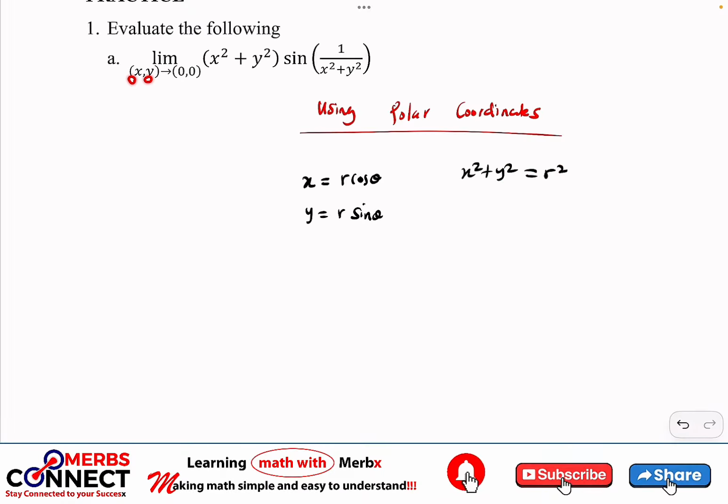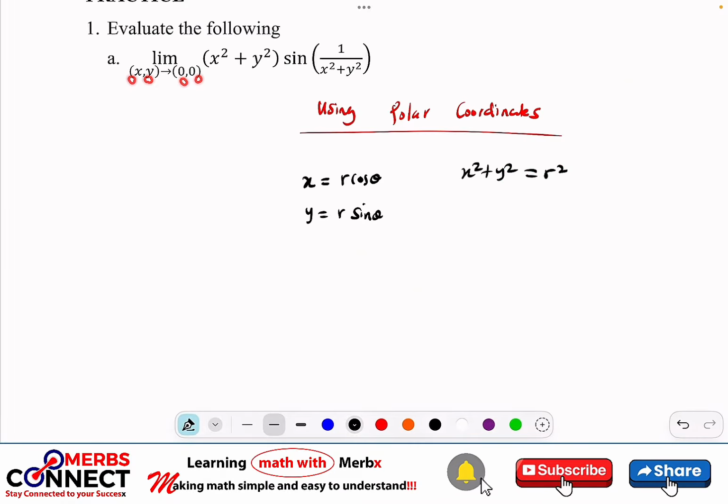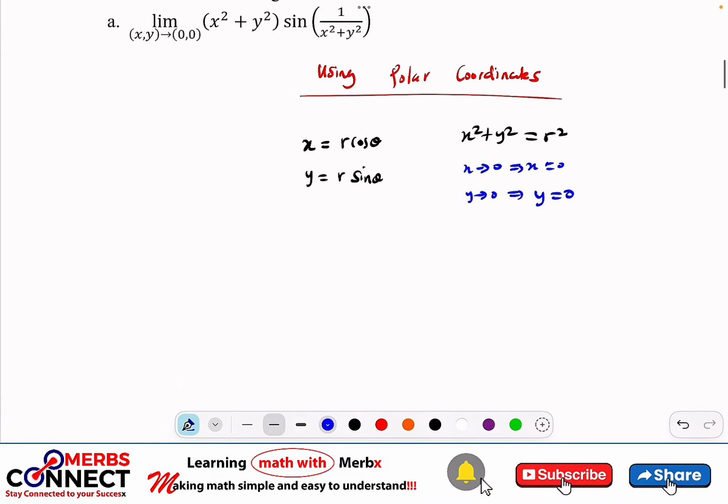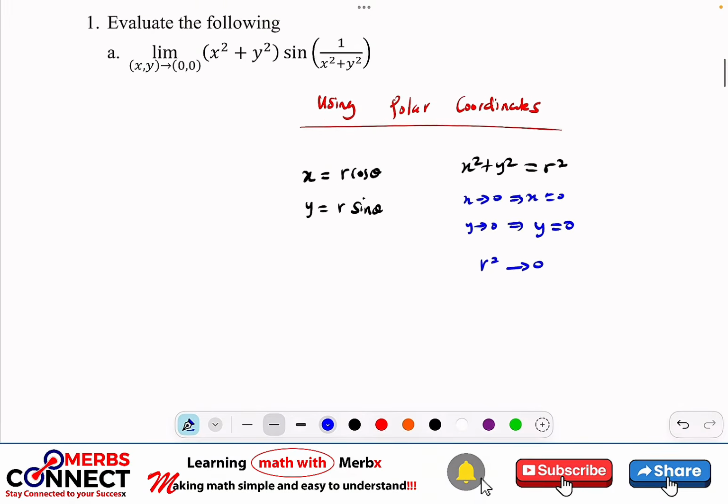But x and y are approaching 0. So let's assume that x is approaching 0 and y is approaching 0. What's going to happen? It means that I'm going to have r squared also approaching 0, right? That's basically what is going to happen here.